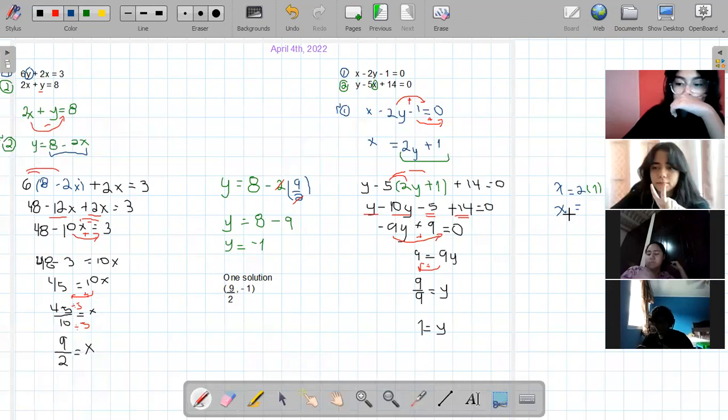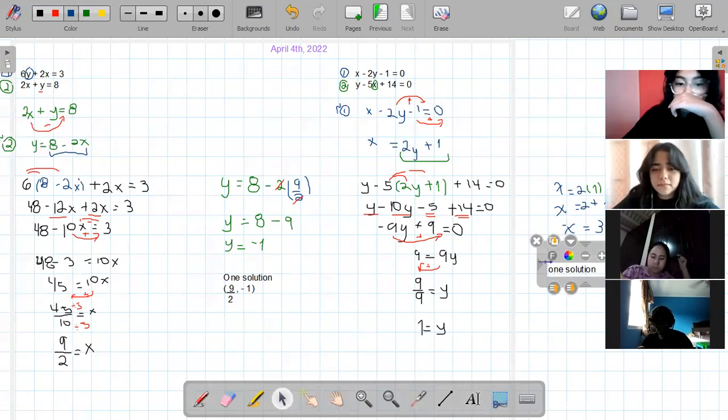And 2 plus 1, 3. So I found my solution. I have one solution as well. And what is the solution in here? 3, comma 1. It is a coincidence that both exercises that we showed had one solution.